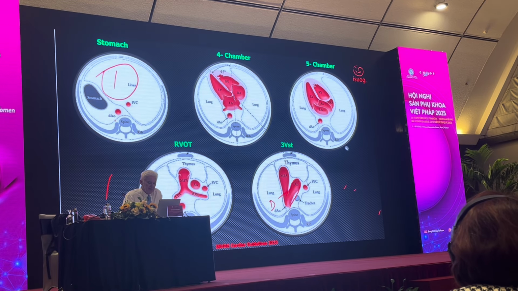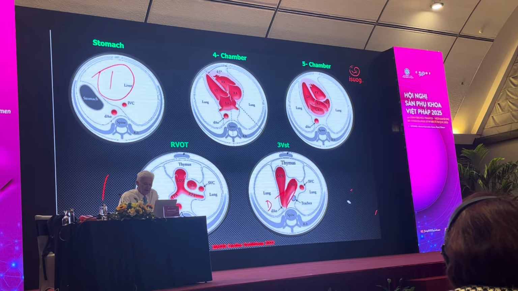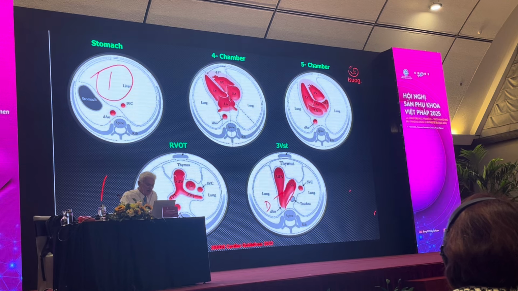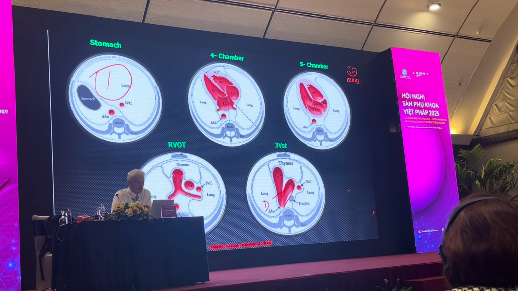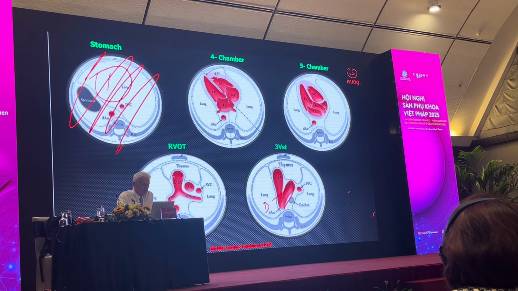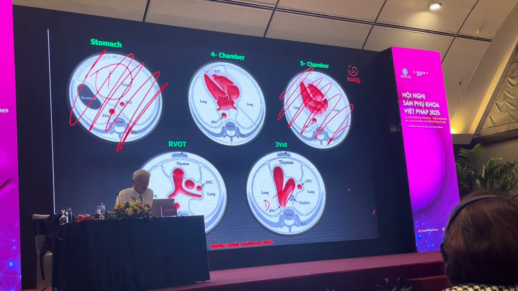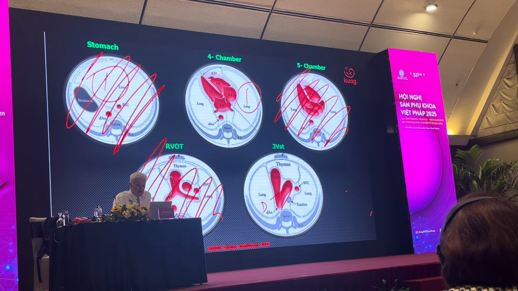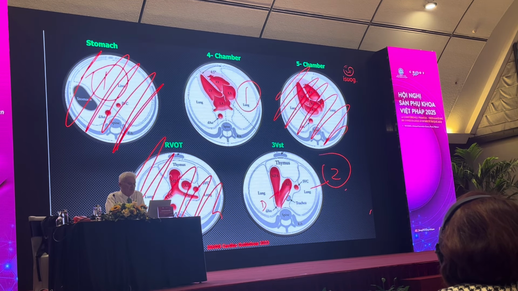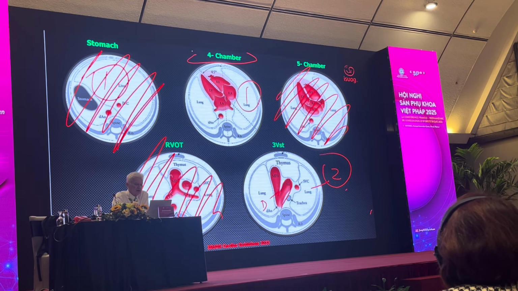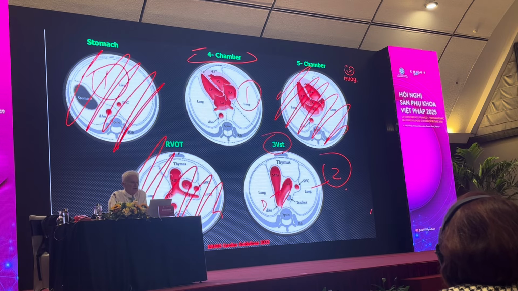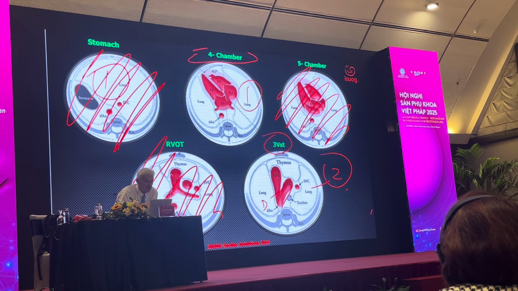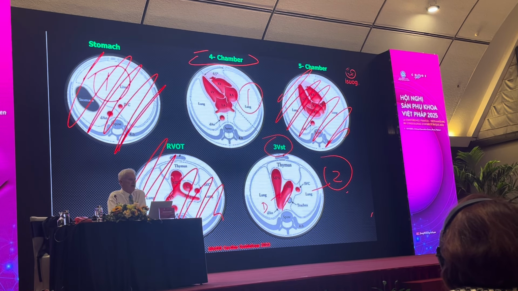So if you say to me, Simon, you have shown me 5 sections, which sections do you think are the most important? I will tell you the most important sections are the 4-chamber view of the heart and the three-vessel tracheal view. That's why in screening in the first trimester we include the 4-chamber and the three-vessel tracheal view, because this gives us the highest detection rate.